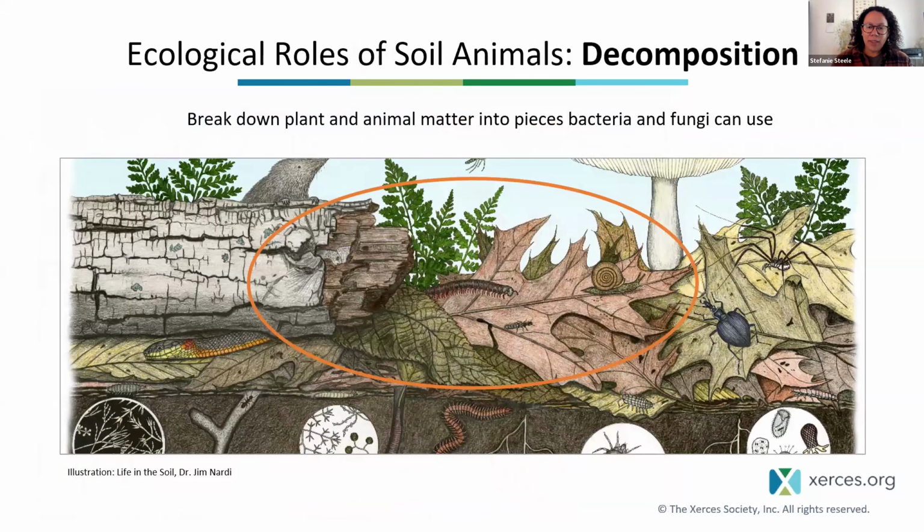Throughout this part of today's short course, we'll learn that soil animals can play multiple ecological roles. The first role I want to introduce is that of decomposition. We have some of our decomposers circled on this diagram, and those are animals who are breaking down plant and animal material into bits that bacteria and fungi can more easily use.